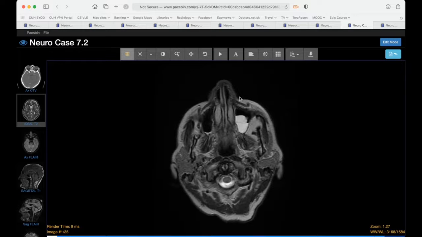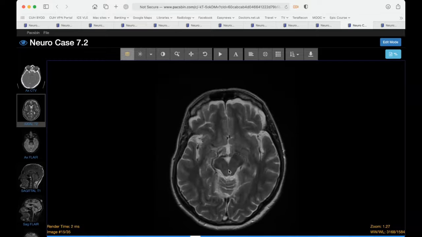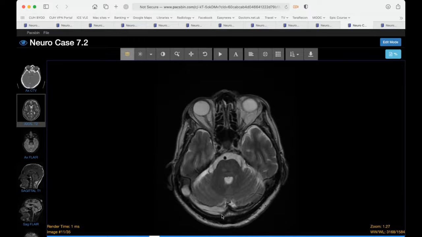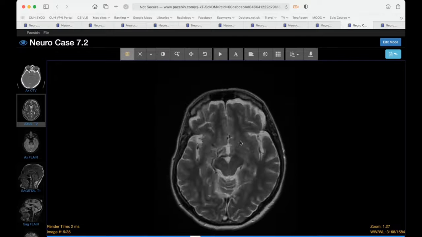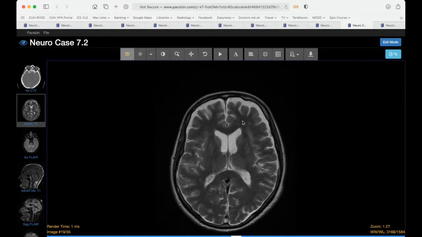So we've got a venous sinus thrombosis. Have a look at the MR. Here's the axial T2, quite hyperintense within that transverse sinus, although it does look expanded. Again, you've got that signal change in the superior sagittal sinus.